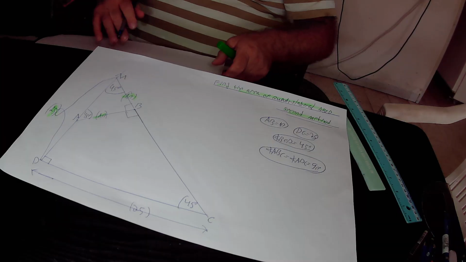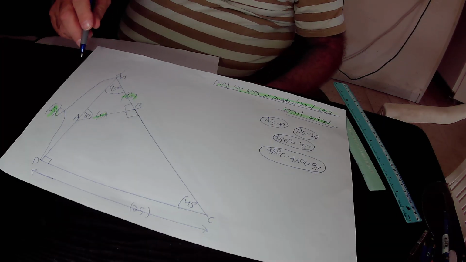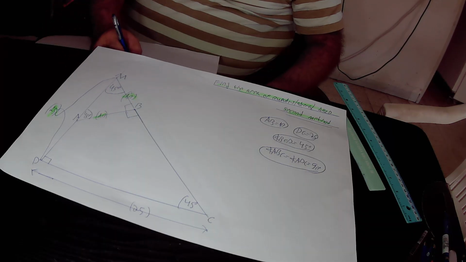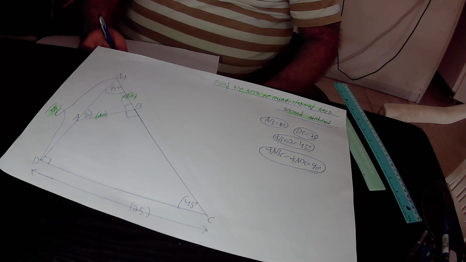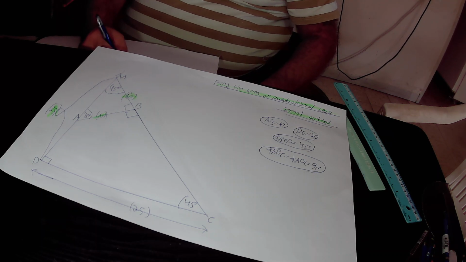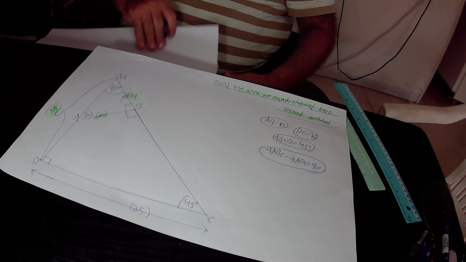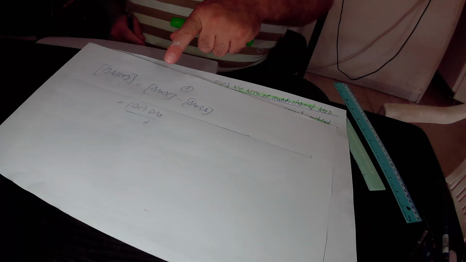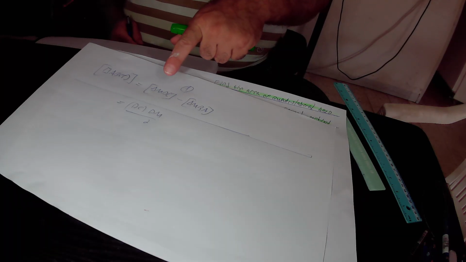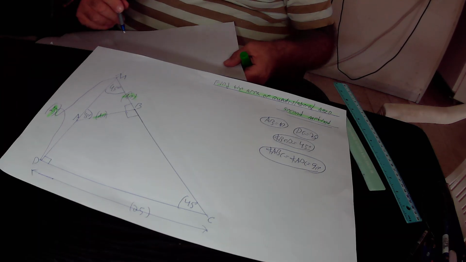The area of the big right triangle MDC equals the base of the triangle, that is DC, times the height, that is DM, divided by 2. Minus the area of this small right triangle MBA.